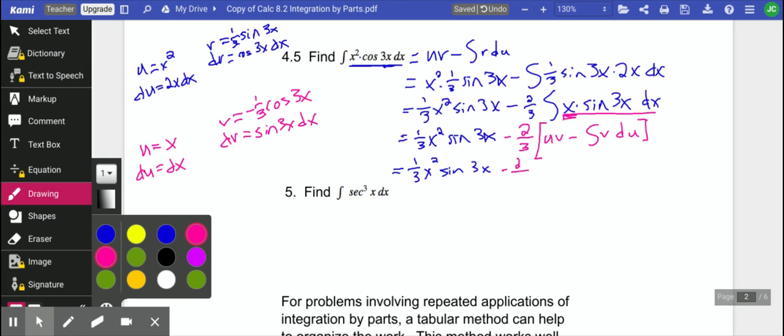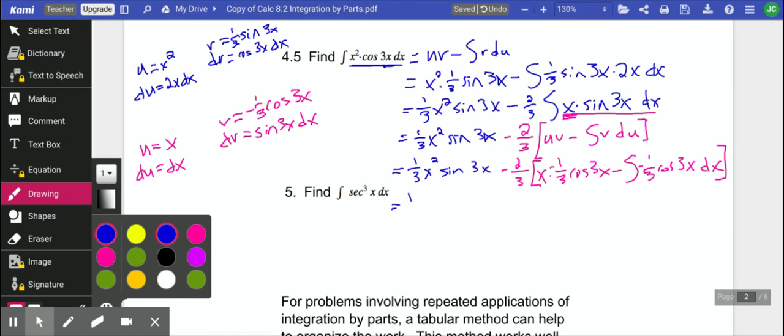Minus 2/3. Then we have uv, so that is x times negative 1/3 cosine 3x, minus integral of v, negative 1/3 cosine 3x, du, which is just dx.